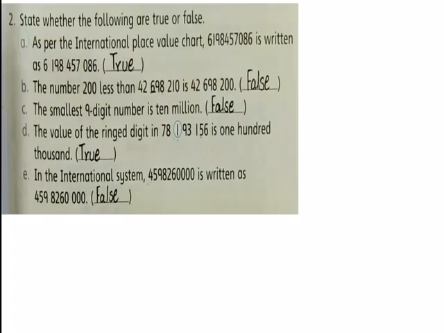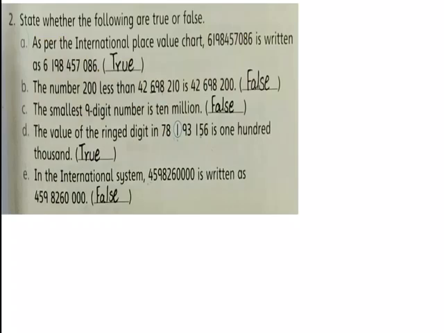Now next question. Question number 2. State whether the following are true or false. Part A is, as per the international place value chart, the value is written as 6,198,457,086.